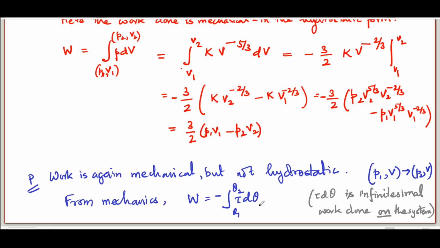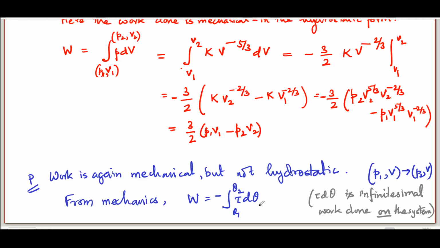However, when something turns around under a torque, we know from mechanics that the work it does on the surroundings is given by the integral of tau d theta, where d theta is the infinitesimal angular displacement, and you have to integrate this from the initial angular position to the final angular position, from theta 1 to theta 2, to get the net work done on the gas.